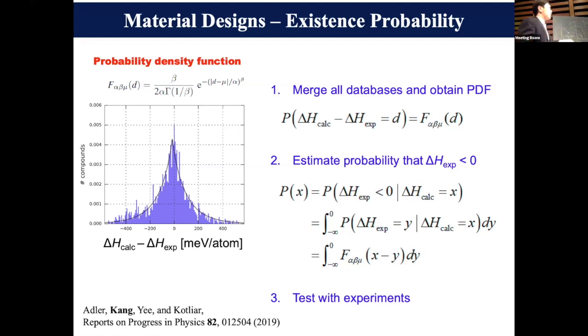And from the calculation, we can estimate the existence probability for a certain value of x. Then the final step is that we test with experiment. If our newly proposed material is synthesized in experiment, it indicates that the existence probability is high. If so, the existence probability provides a reliable result for the global stability.